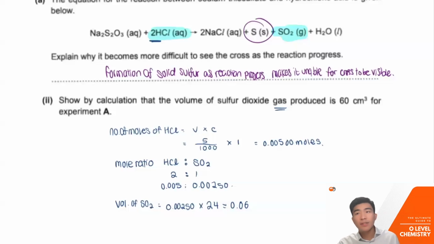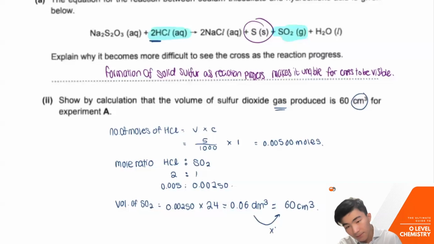Now, this question is asking for cm cube, and this value is in dm cube. So I need to do some conversion, multiplying by 1000, to get 60 cm cube. Your answer is shown.